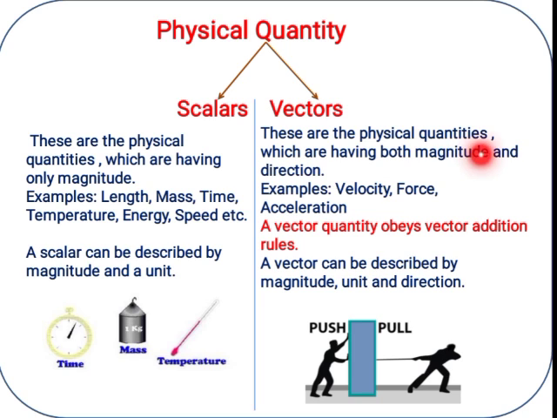These are the physical quantities which have both magnitude and direction. So here we have to remember both magnitude and direction. Vectors are also physical quantities having both magnitude as well as direction. So direction is very important.